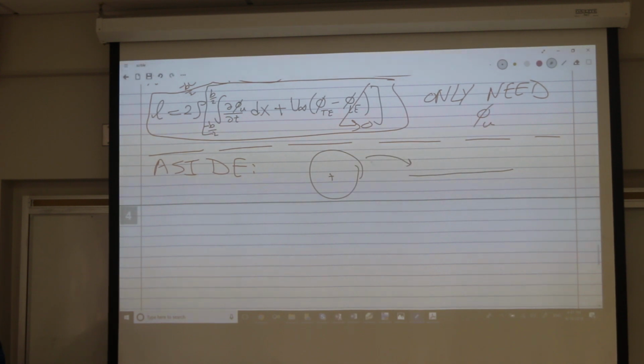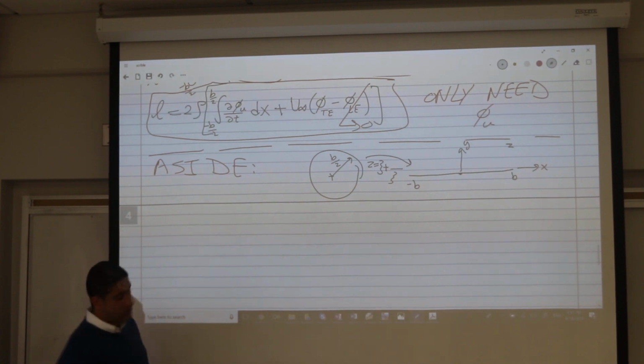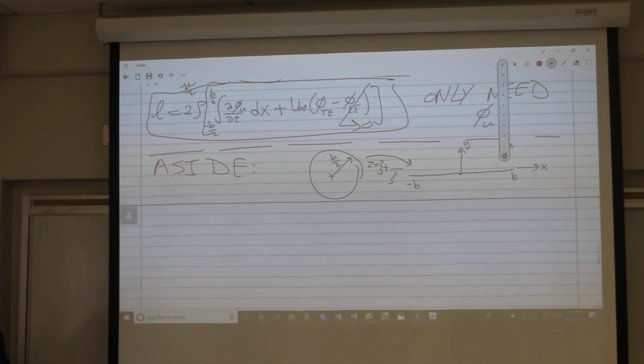And the mapping is known: zeta plus radius squared over zeta. What's the radius? Well, if this is b and this is negative b, then the radius will be b over 2, correct? So radius squared is b squared over 4.